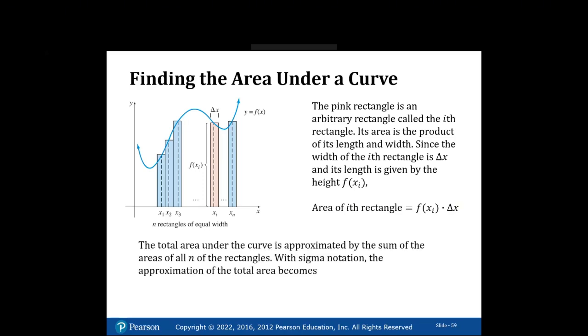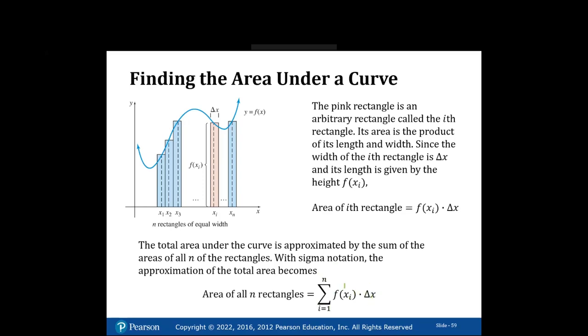But the total area under the curve is approximated by summing the area of all of those n rectangles. Using sigma notation, which just means you're summing, this total area becomes the sum from i equals 1 to n of f of xi times delta x.